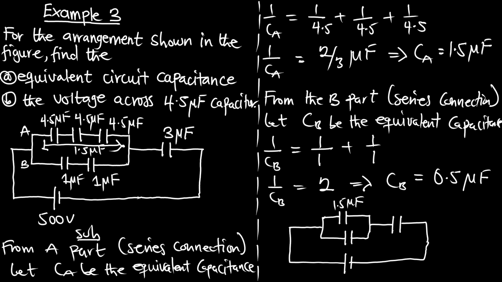The B part gave us 0.5 microfarad. We still have our 3 microfarad and the voltage as 500 volts. Now, when we look at the A part and the B part, they are also parallel to each other. So now we can find the parallel arrangement for A and B, the equivalent capacitance. So you can draw the diagram. We move to the next page.